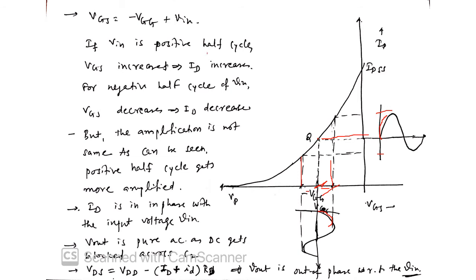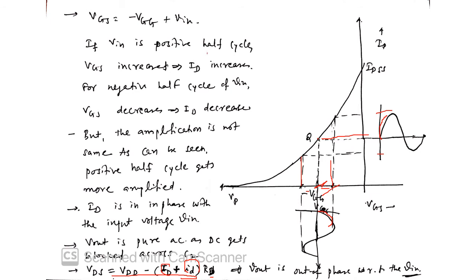That means ID is in phase with VGS, whatever the direction of VGS, ID is in the same phase, similar to the transistor, where IC is in phase with IB. Now if I show VDS equal to VDD minus (ID plus small id) into RD, where I am showing the quiescent point, the DC ID, and the AC variation on it, this says ID RD is negative.